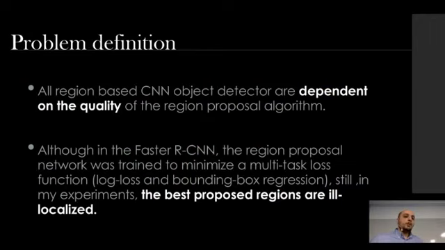Okay, so Faster RCNN, Fast RCNN, and RCNN all did a really good job when it comes to improving the region proposals. However, when you look at the regions with the highest objectness score and project them back onto the image, you still see they are ill-localized. They do not contain the object of interest perfectly.